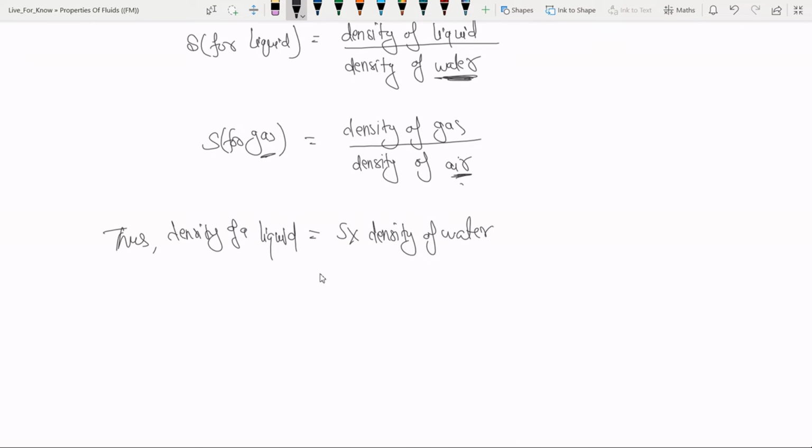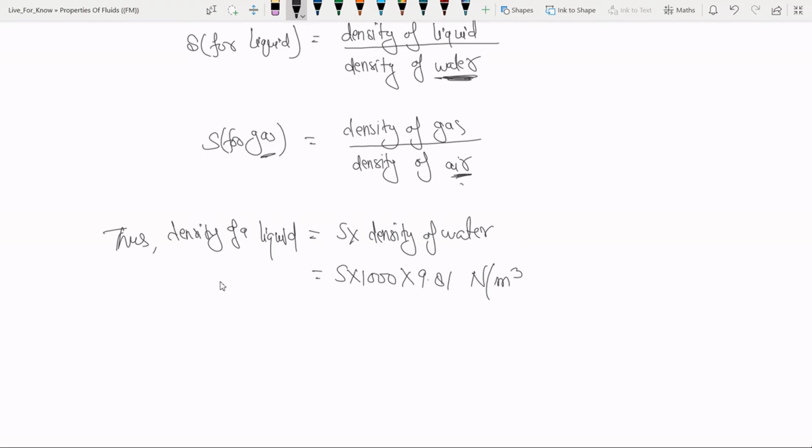Here we know the density of water, so it is 8 into 100 into 9.81 Newton per meter cube.